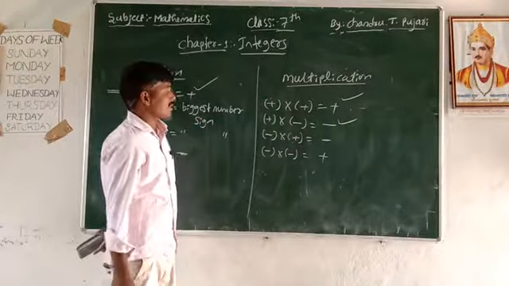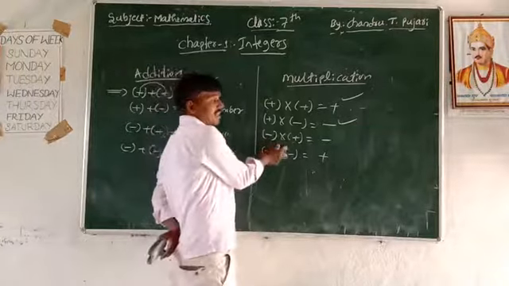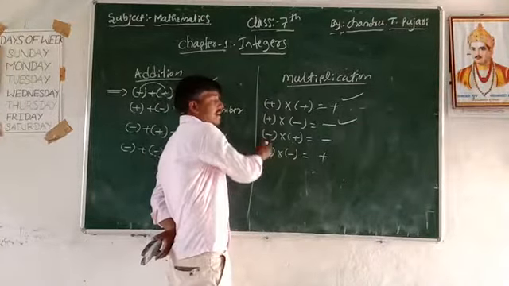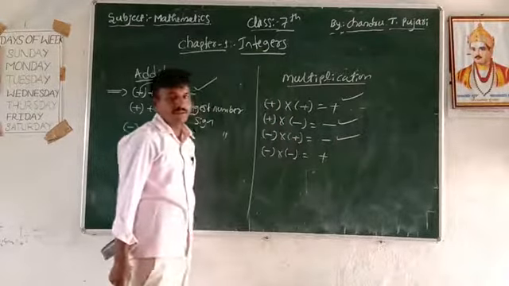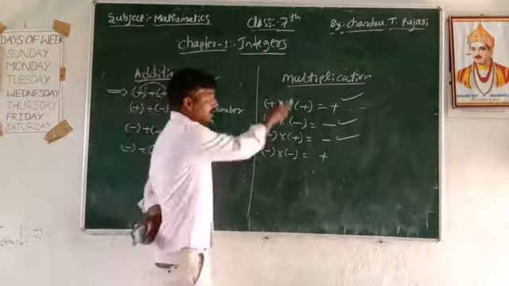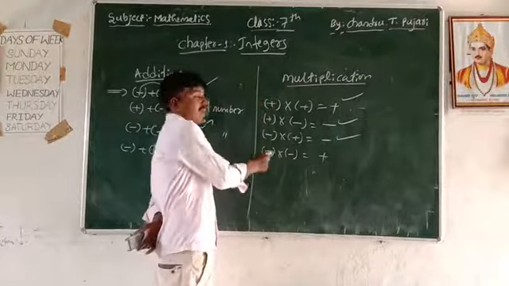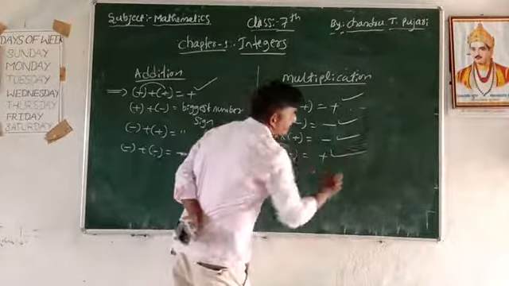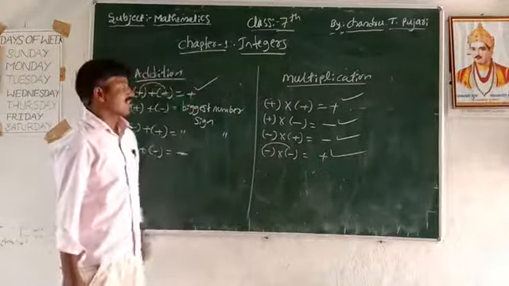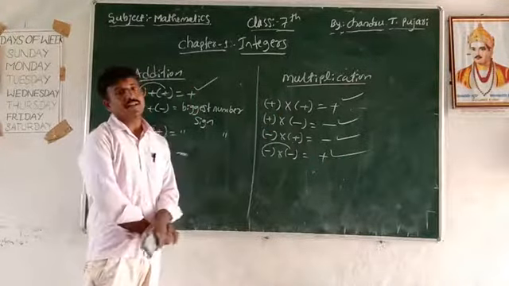The third rule is the same: multiplying a negative integer and a positive integer, the answer is also negative. But the last one is what? In multiplication, any two negative integers multiplied is equal to positive.